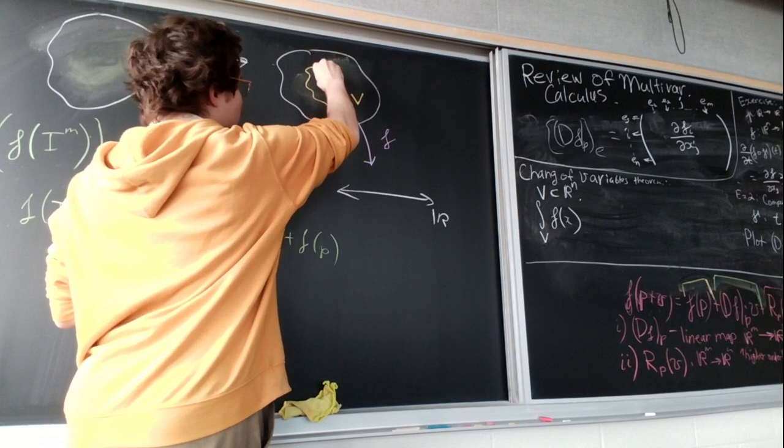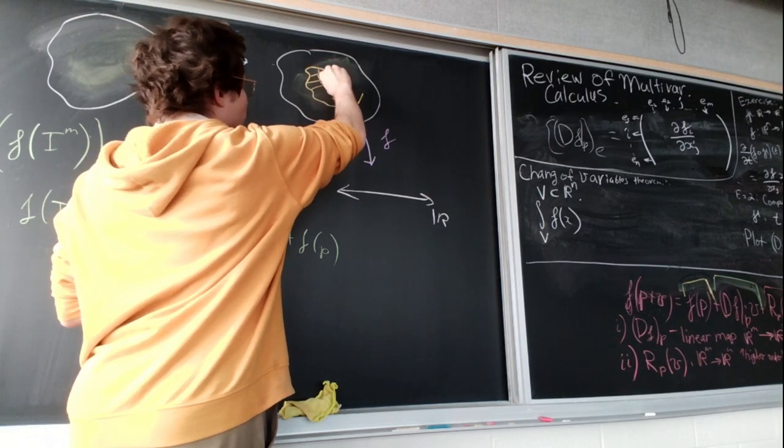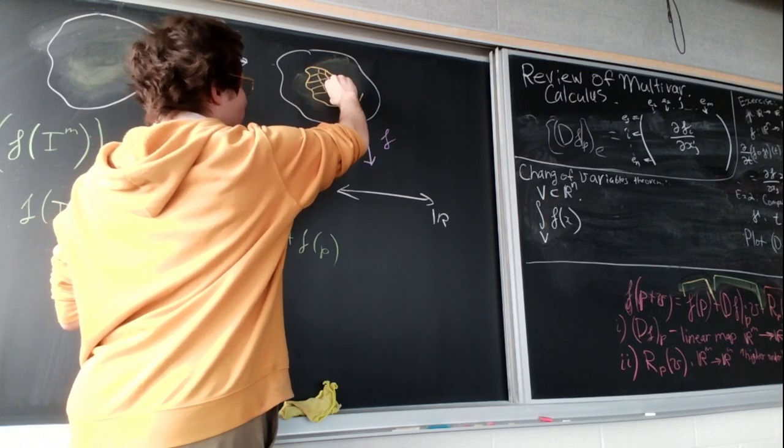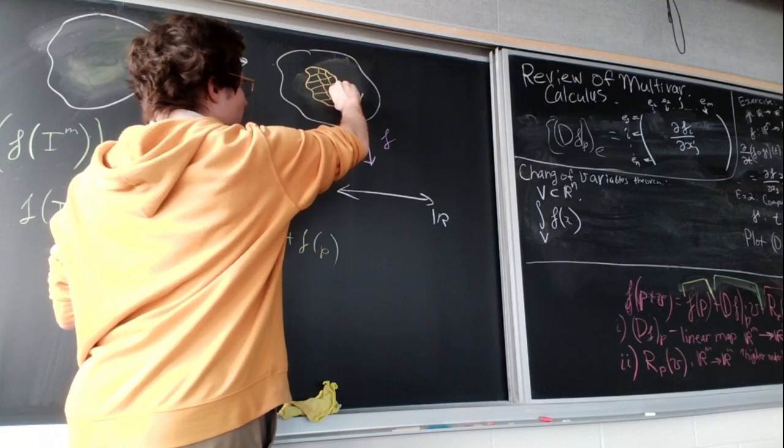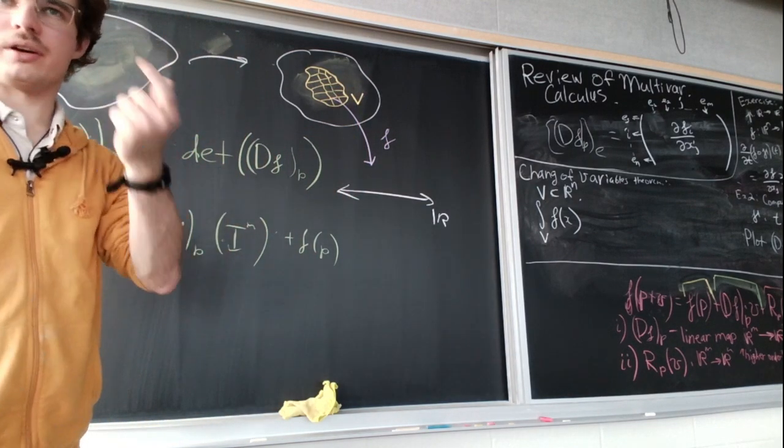I can partition this into cubes and multiply by the volume of each cube. I have a notion of how to compute the volume of each cube, right? That we know how to do.